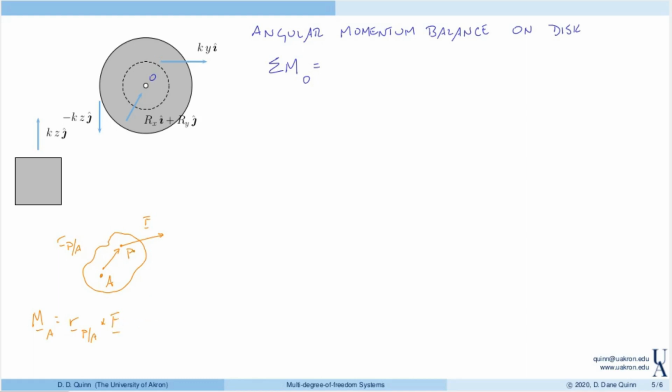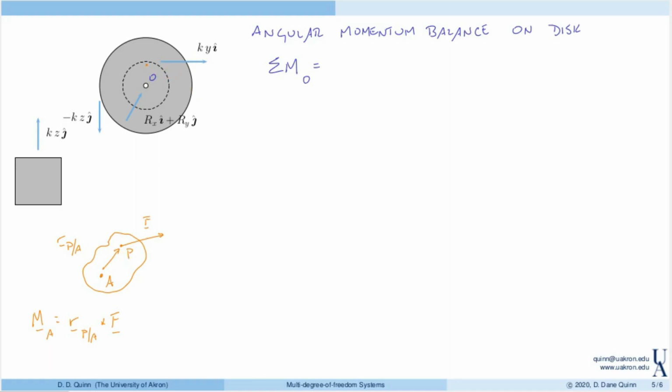So again, when we calculate moments, we use the cross product: R, the position of the application of the force with respect to the point that we're taking the moment about. So it's R cross F.